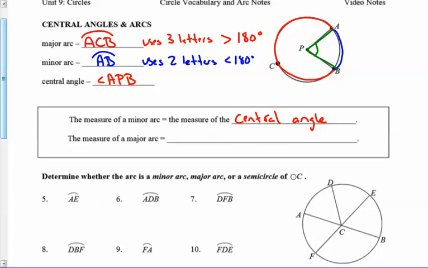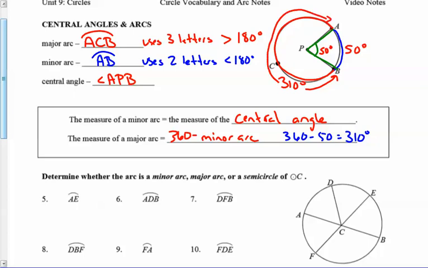If I say this is 50 degrees, then this arc has to also be 50 degrees. The measure of the major arc is 360 minus the minor arc. So in this case, we'd have 360 minus 50, 310 degrees. So this would have to be 310 degrees from this point around to this point.